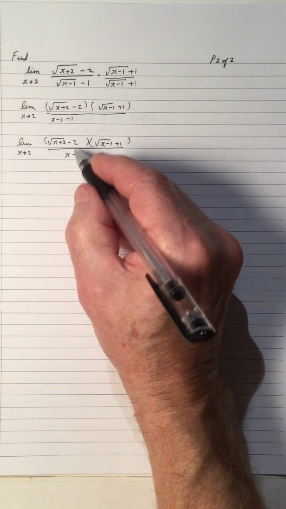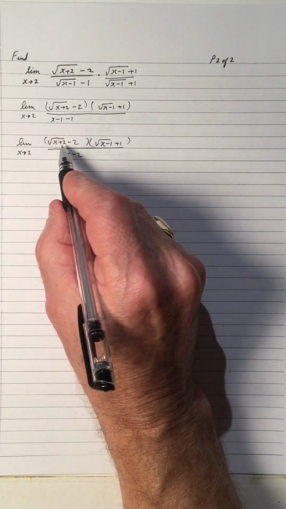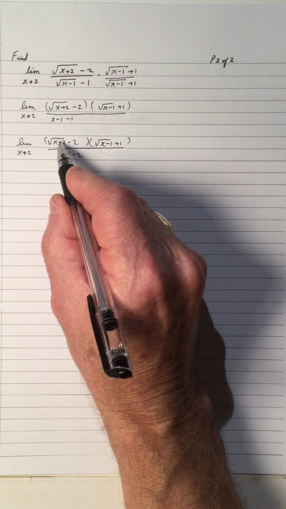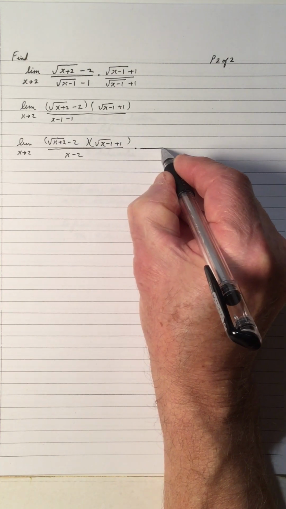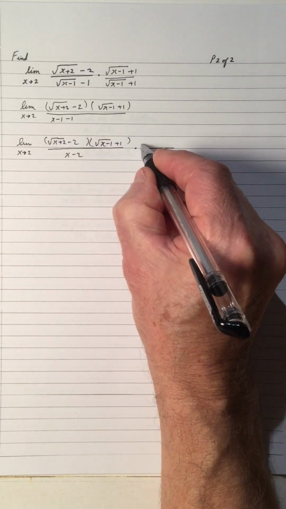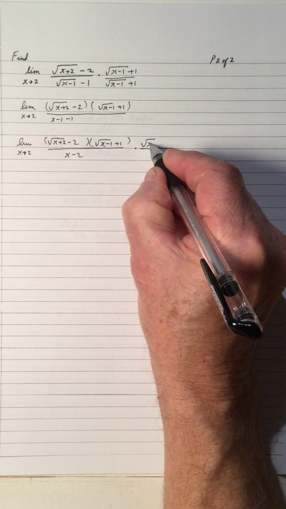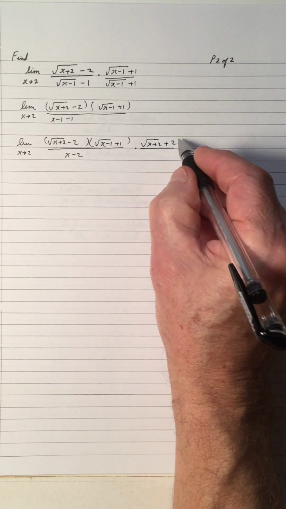So you notice that we can't cancel out the x minus 2, but we have a root in the numerator. So let's multiply again, but this time let's multiply by the conjugate of this one. That's the square root of x plus 2 plus 2.